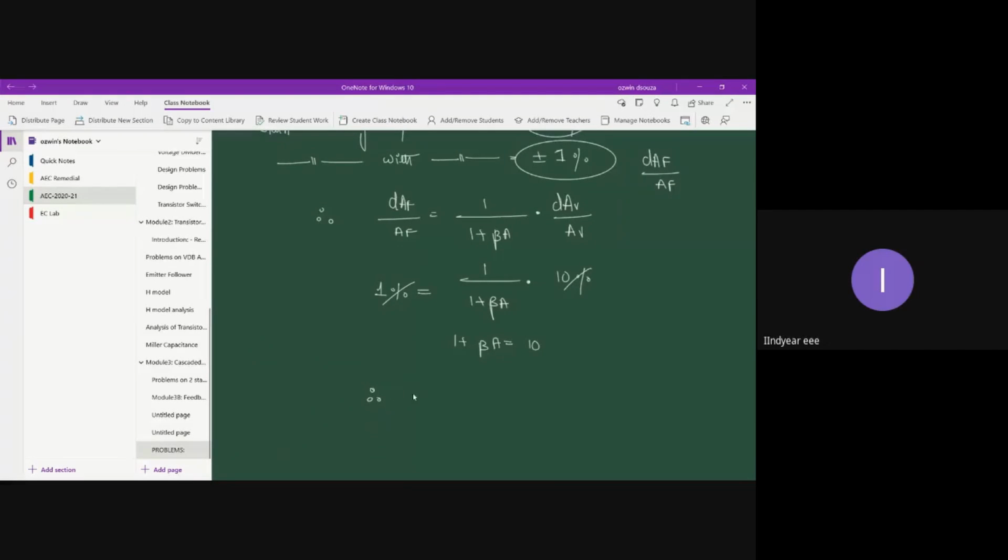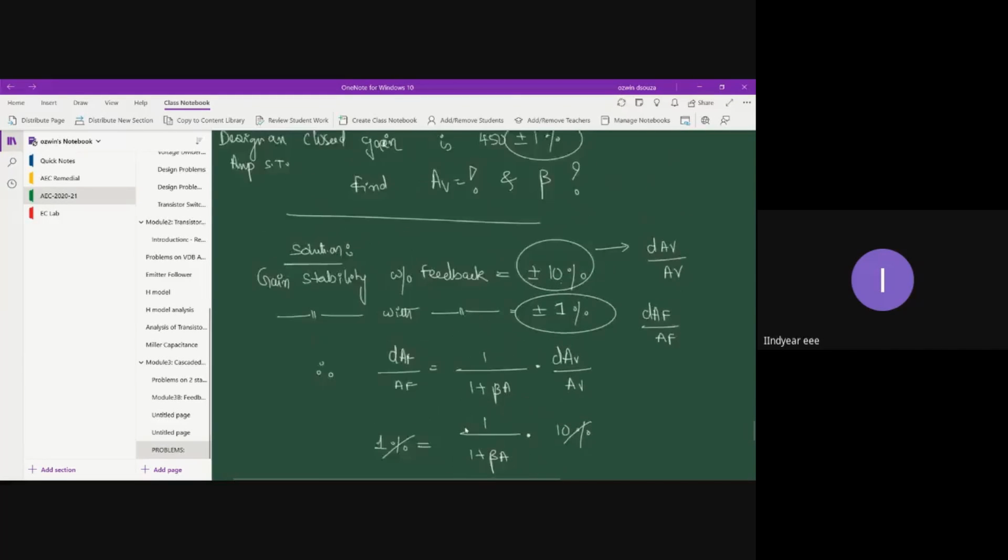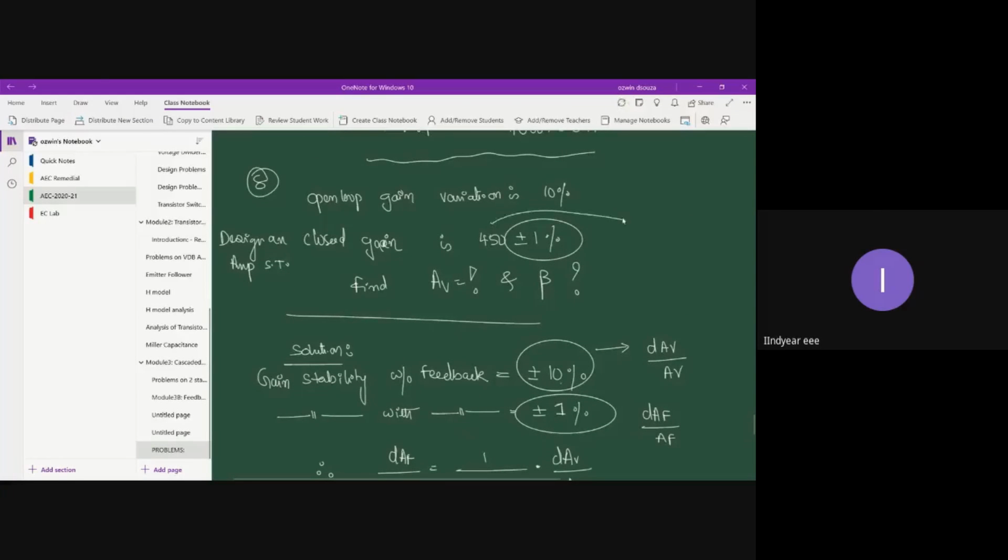Therefore, the closed loop gain AF is the open loop gain divided by 1 plus A beta. Or the open loop gain A is equal to closed loop gain into 1 plus A beta. The closed loop gain, they have already mentioned, is given as 450.